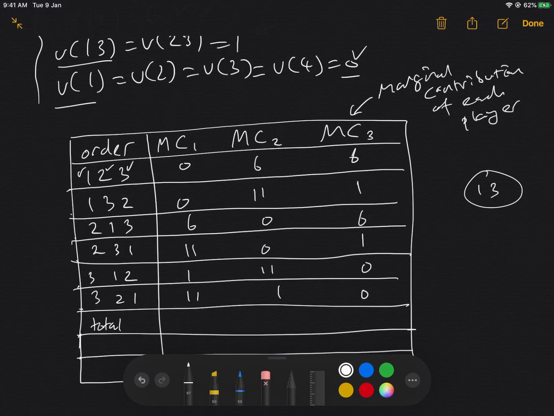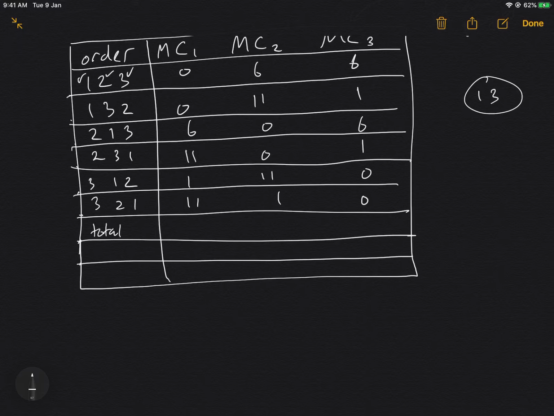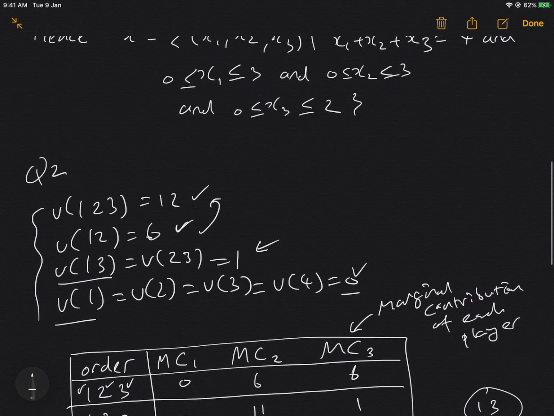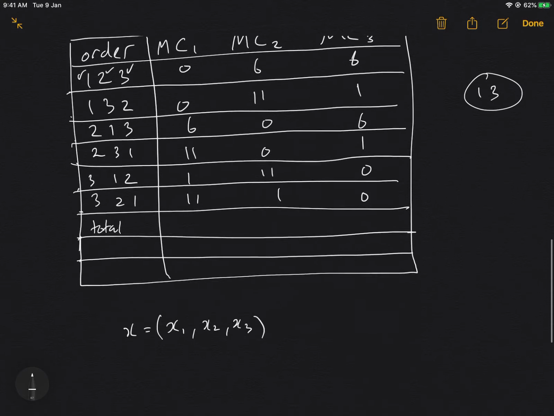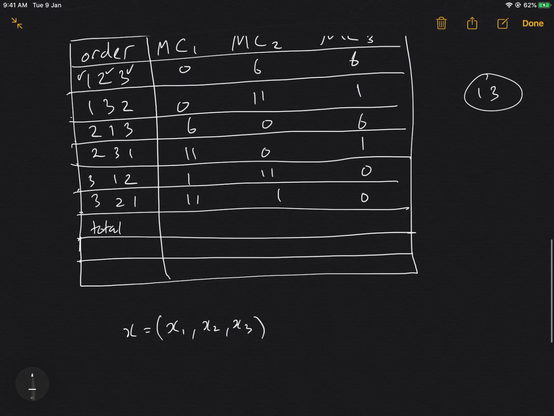Okay, so you're probably wondering, what do you do next? And this is what we do. So we said we want the allocation of the distribution of the total utility among the 3 players such that they add up to 12, the value of the grand coalition, and also that it's accounting for their marginal contribution.